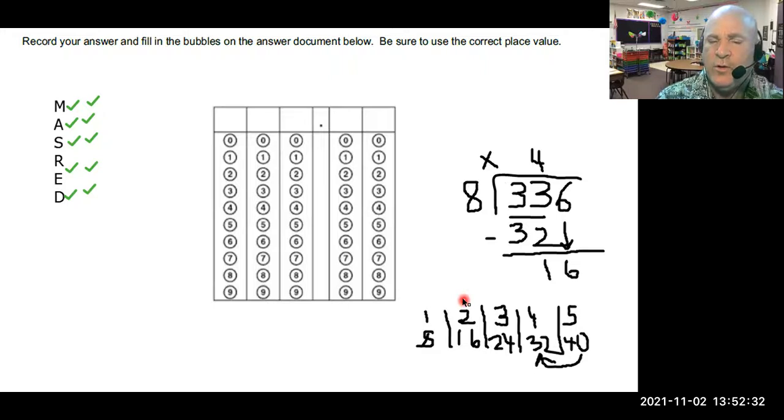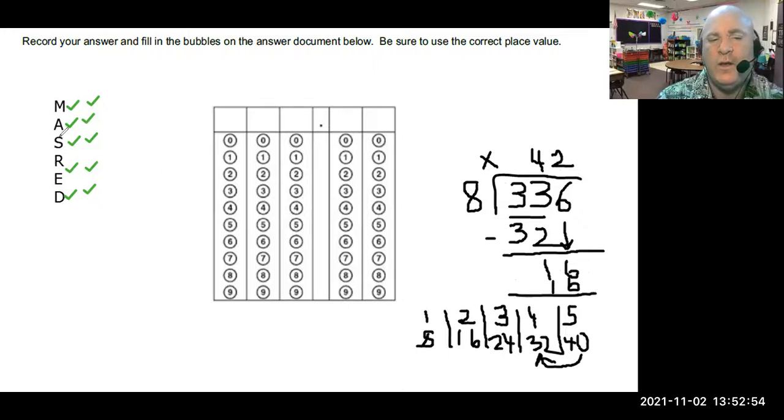So whatever number is on the top is what goes on the top. So 8 times 2 is 16. What we multiplied goes on the bottom. The answer, the product.